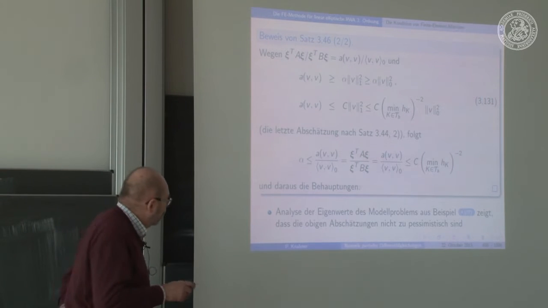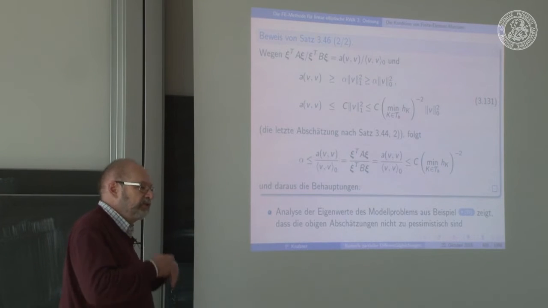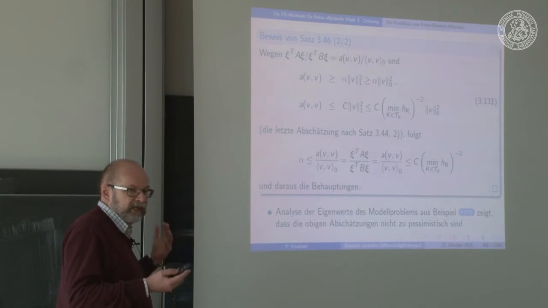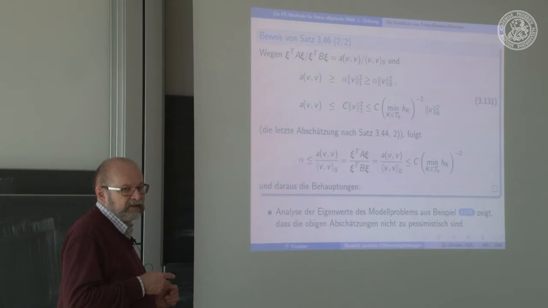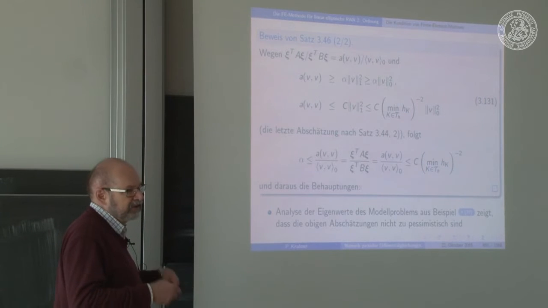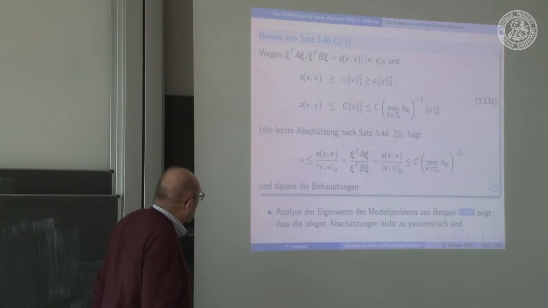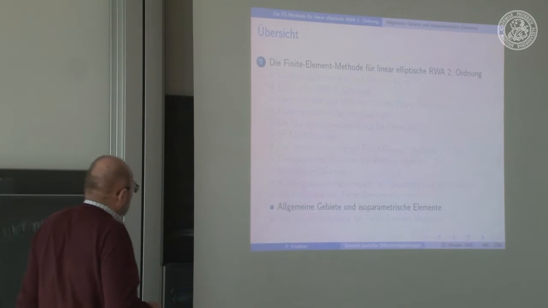It's not clear whether it should be h to the -2, or maybe h to the -1. That is still unclear. But that something unbounded should appear here should be clear from these remarks. Okay, so we leave this here.